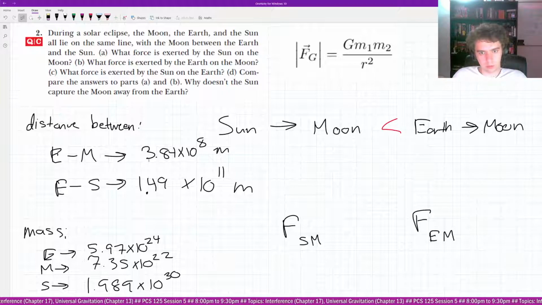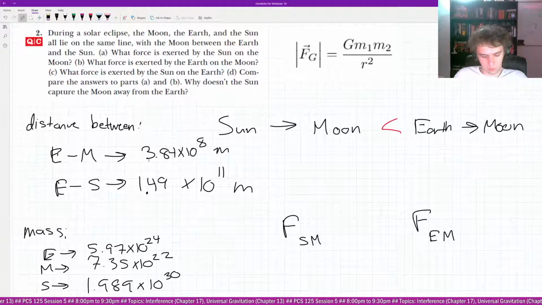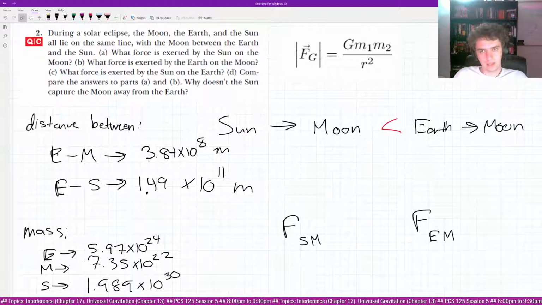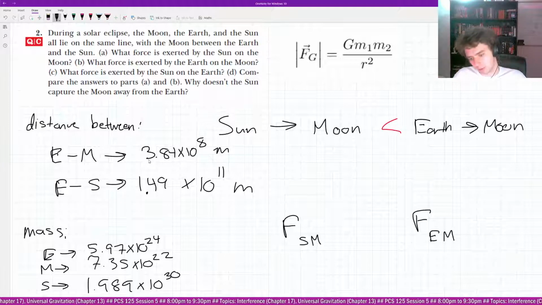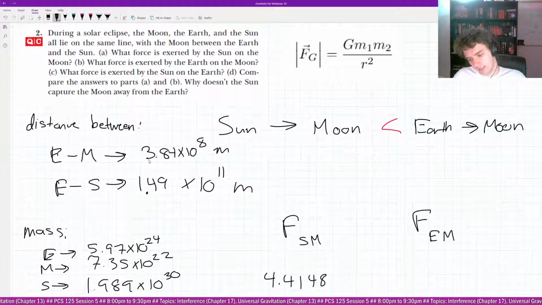The radius between the sun and the moon is the Earth and sun distance minus Earth and moon distance. So 1.49 times 10 to the 11 minus 3.84 times 10 to the 8, and square that. So I got that this force is 1.414849 times 10 to the 20.